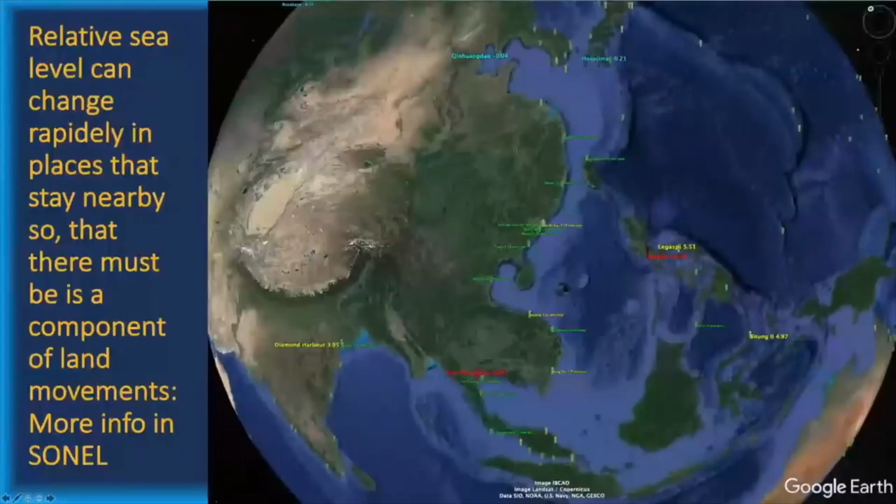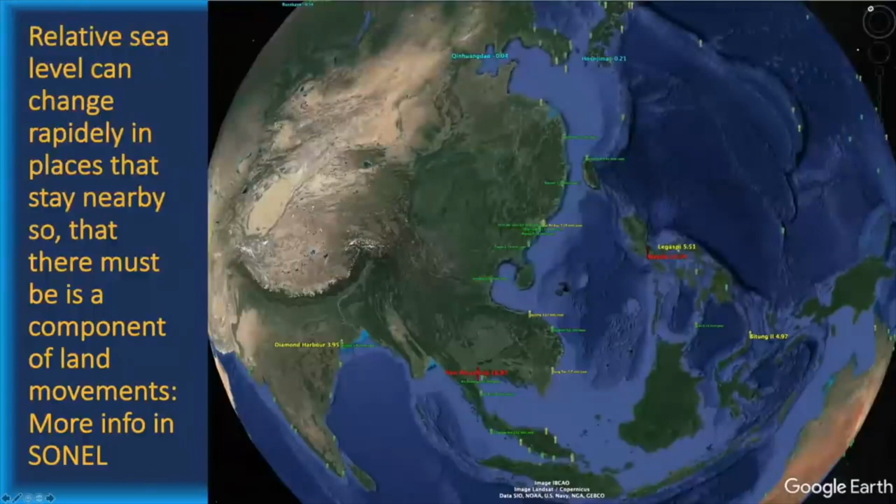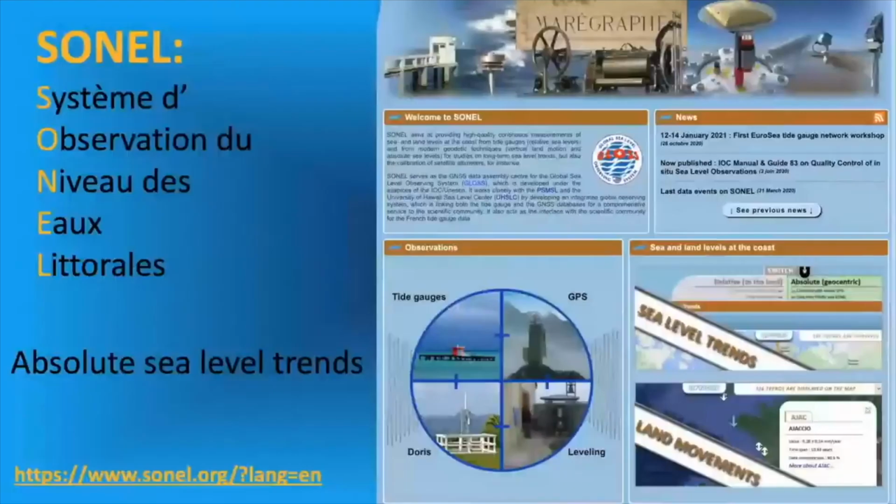And around the world, in the same file of the NOAA, you can see places where you have at Manila, for instance, 14 millimeters, and in this place, 16 millimeters, but they are all in active tectonic places. So this is really something that you must take out of this presentation.